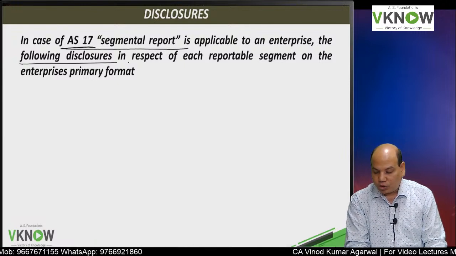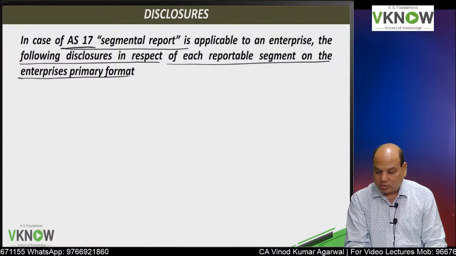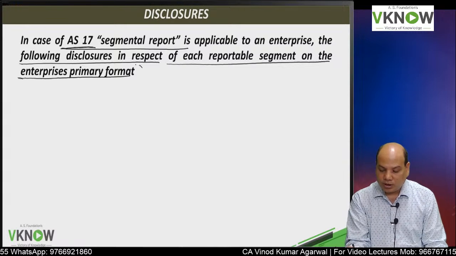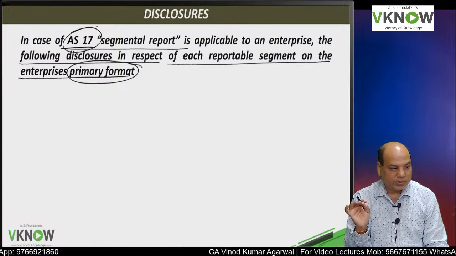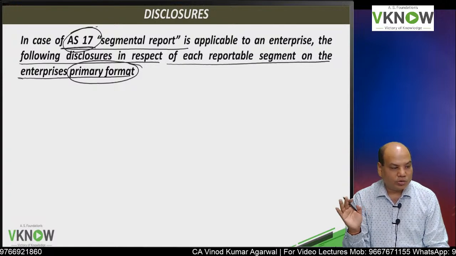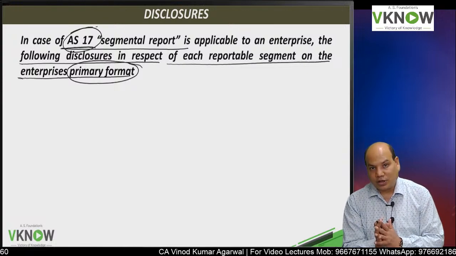Then you have to make the following disclosure for each reportable segment on the enterprise's primary format. Under AS 17, there are two formats: the primary format, where all disclosures are given, and the secondary format, where limited disclosures are given.